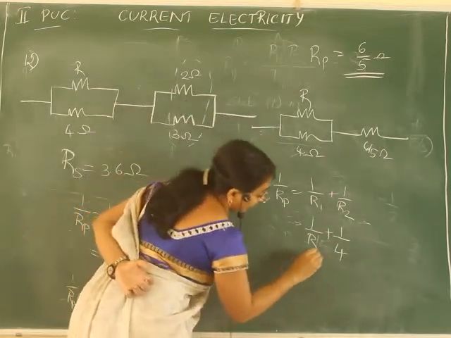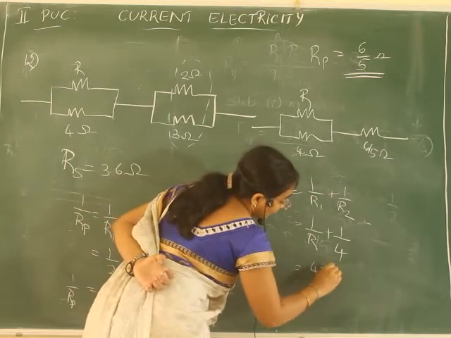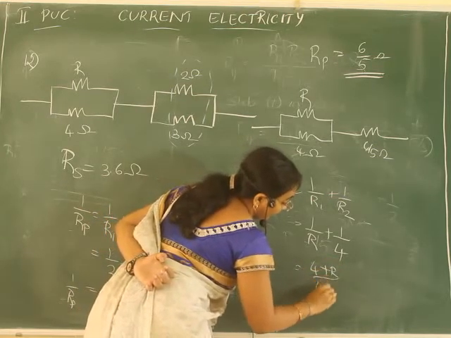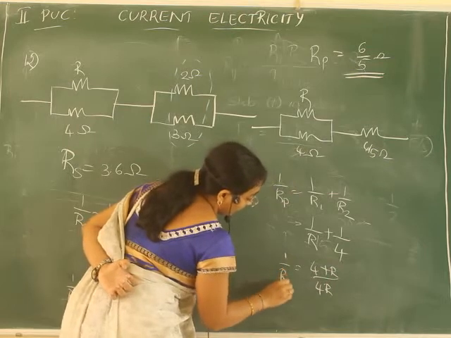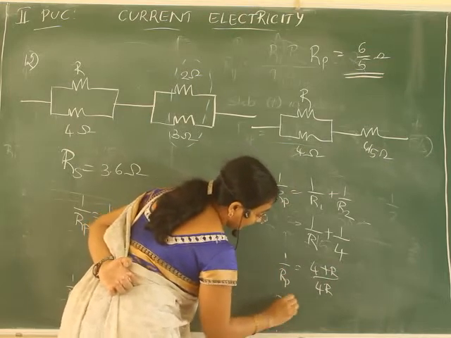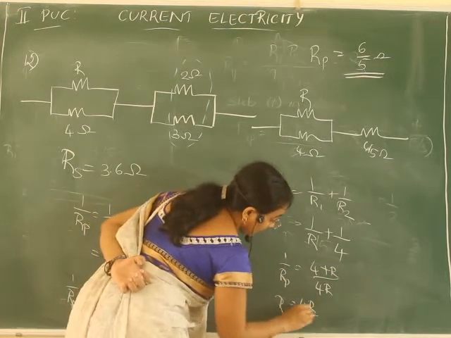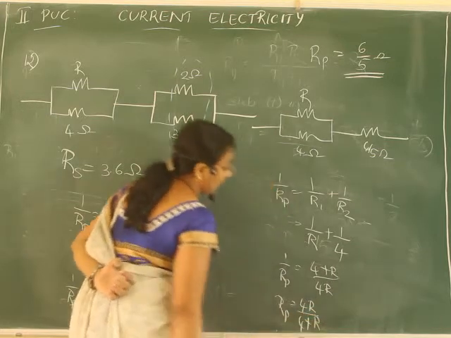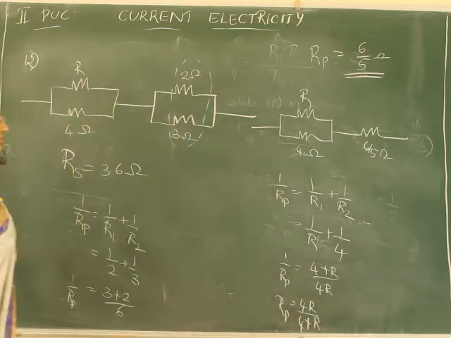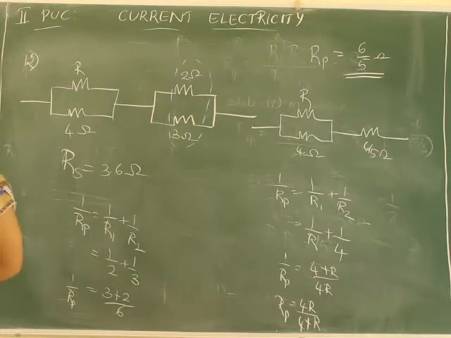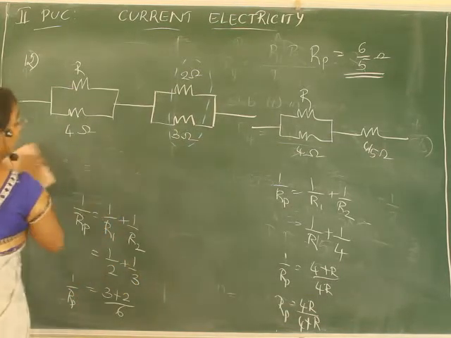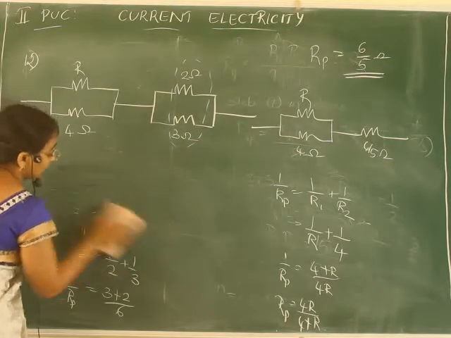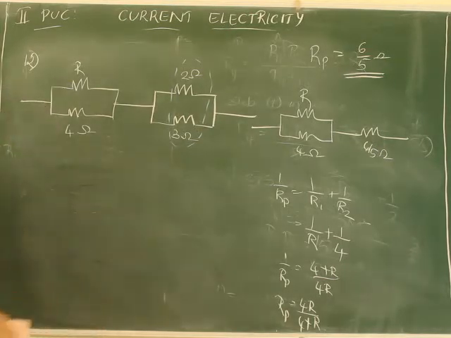So therefore what do we get? 4 plus R by 4R is equal to 1 by Rp. Or Rp is equal to 4R by 4 plus R. Correct? We know that Rs is equal to 3.6.